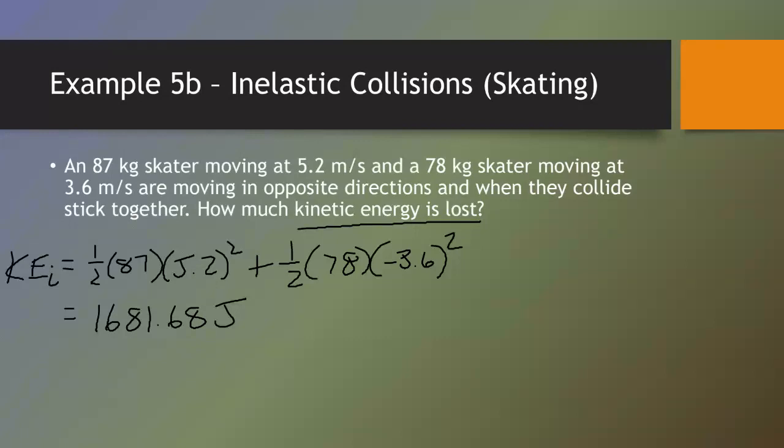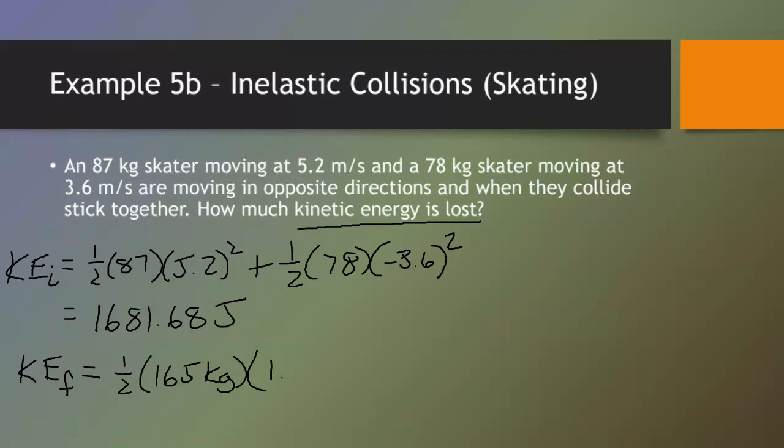However, when they stick together, they have a larger mass, but they're moving a lot slower. The final kinetic energy, in this case, does not have to be equal to the initial kinetic energy. In fact, it's going to be very different. 1/2 times the final mass was 165 kilograms, the two stuck together.